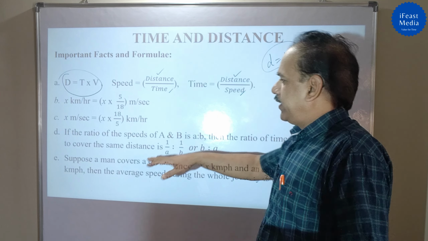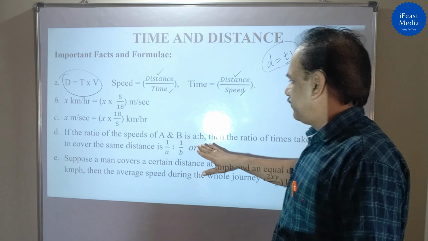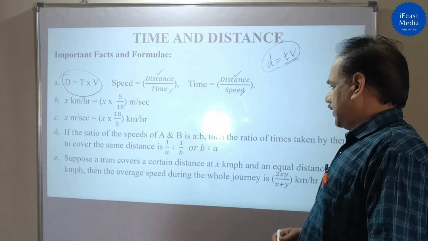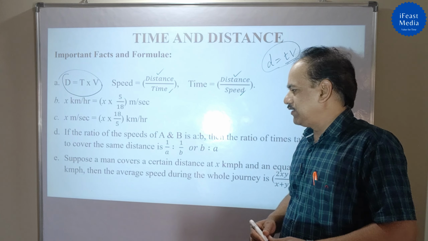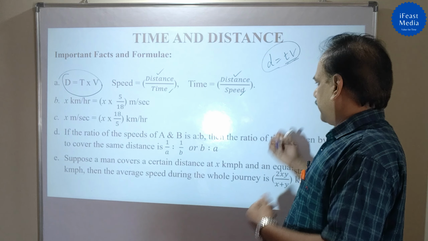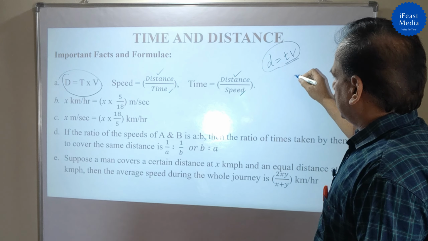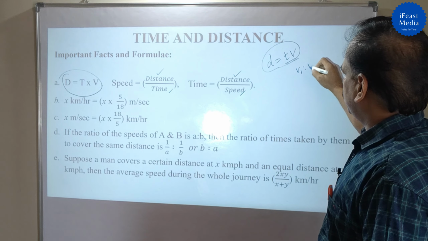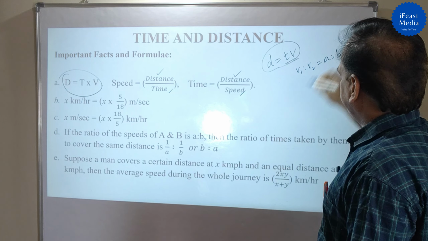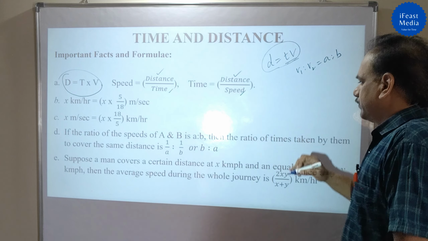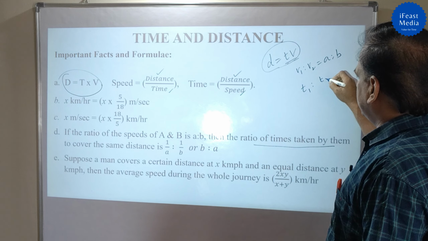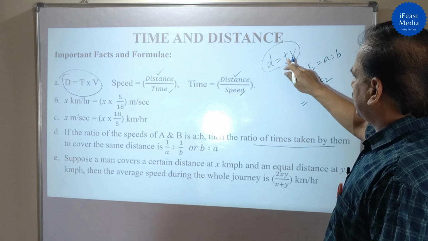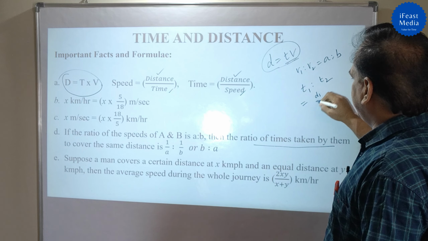Next, coming to this point, if the ratio of the speeds of A and B is A is to B, then the ratio of times taken by them to cover the same distance is 1 by A is to 1 by B. So what is the ratio of speeds? V1 is to V2 is A is to B. But what is the ratio of the times taken? Time taken ratio is T1 is to T2. What is T1 from this? D1 by V1.